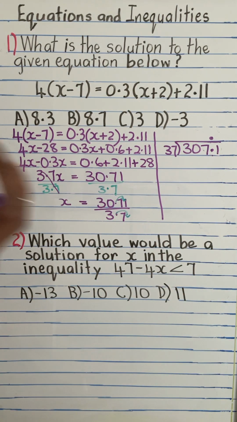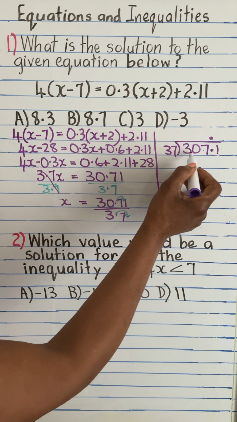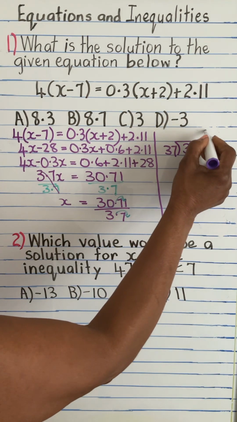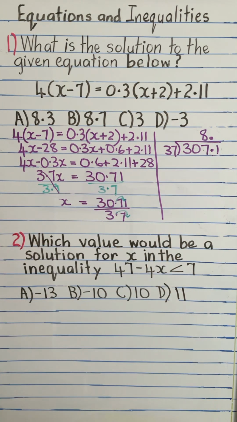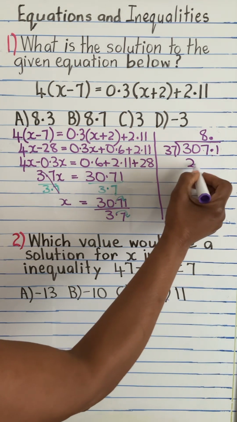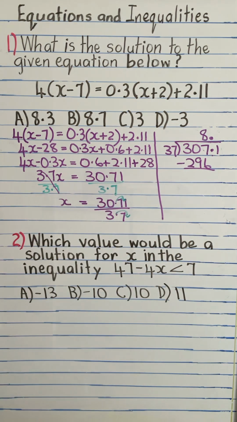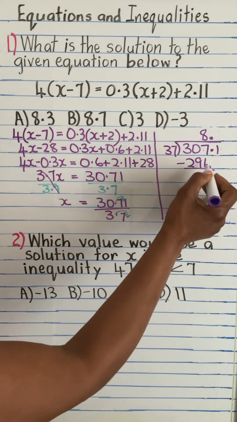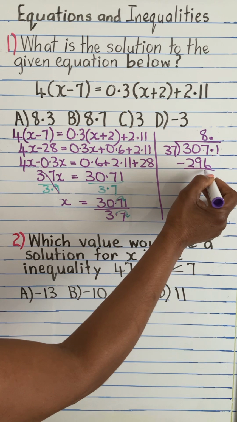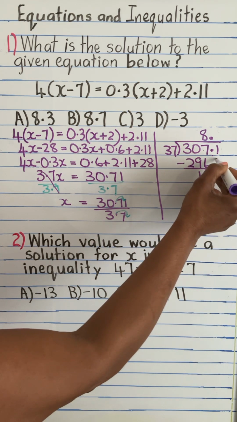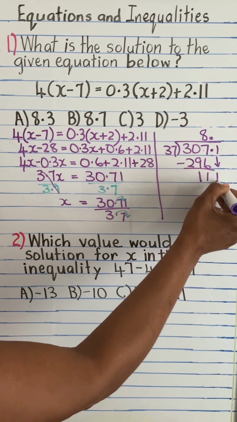37 into 3, we can't. 37 into 30, we can't. 37 into 307, let's try 8. 8 times 37 is 296. Subtract: 111, bring down the 1.